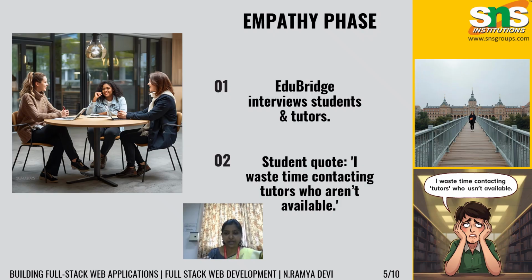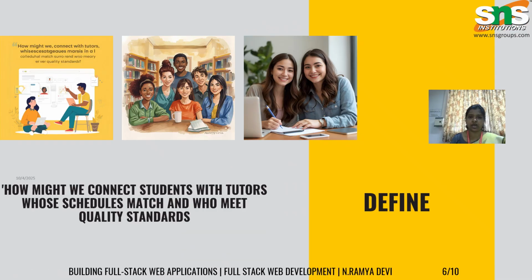They don't know whether qualified tutors are available at their time or not. So we have to define the problem. How might we connect the students with tutors whose schedules actually match and who meet the quality standards?